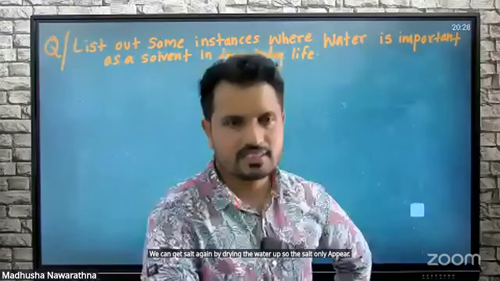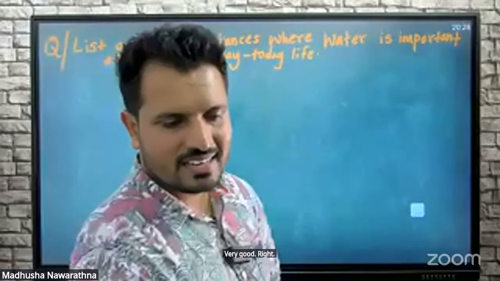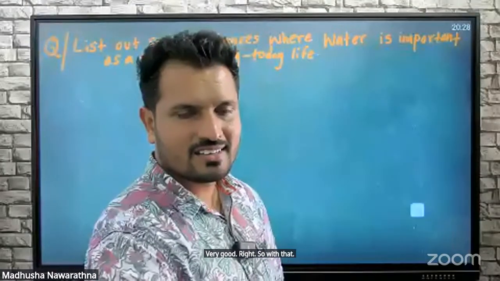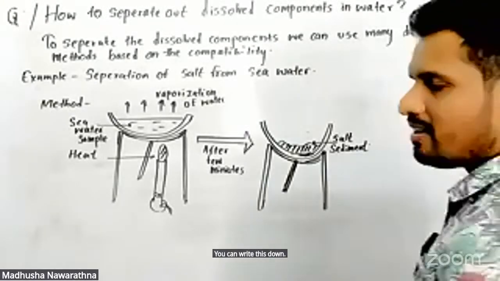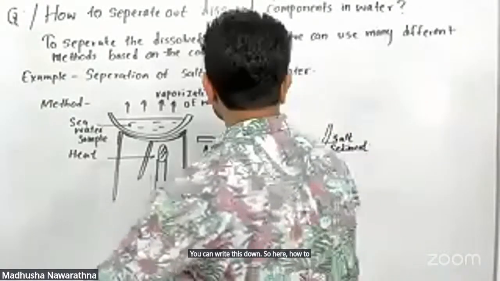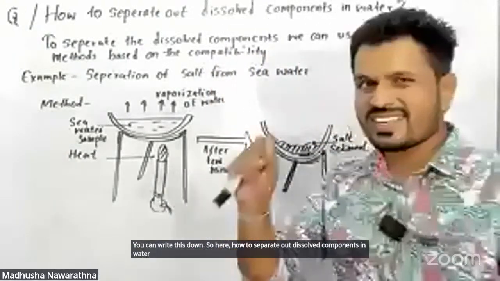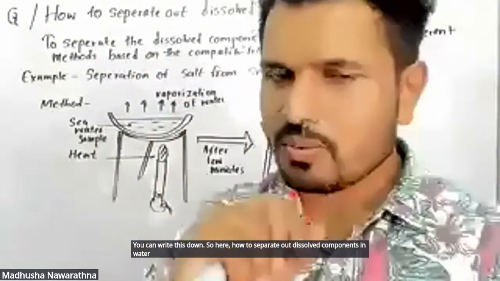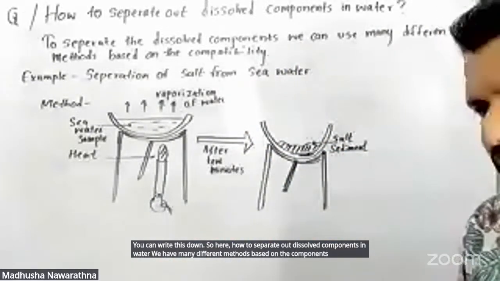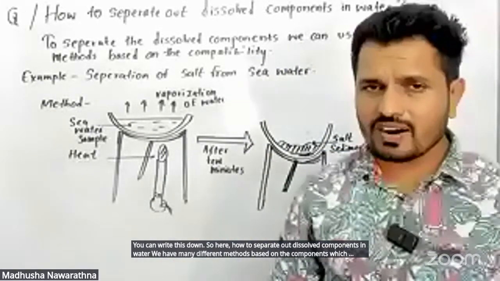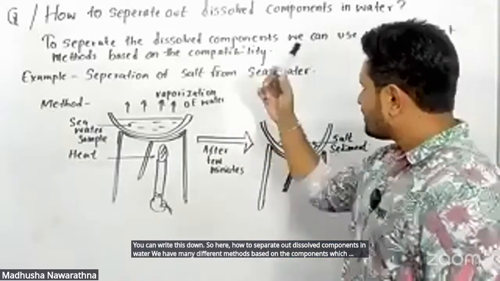Very good. Right. So with that, you can write this down. How to separate out dissolved components in water. We have many different methods based on the components which dissolve. Now I take as an example how we remove salts from sea water.